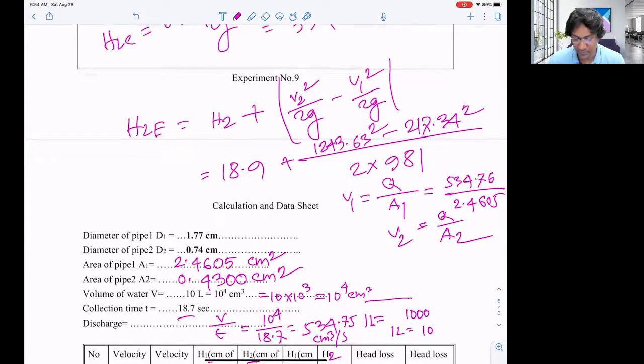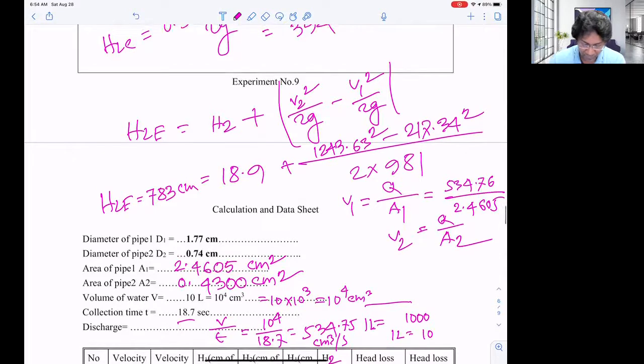Whatever it is, we can take the difference only. So 124 3.63 squared minus 217.34 squared divided by 2 divided by 981 and plus 18.9. So we are getting HLE is equal to 783 centimeter.